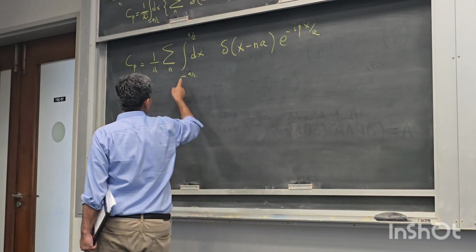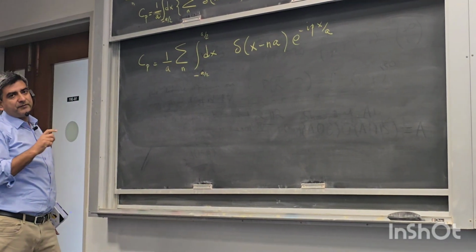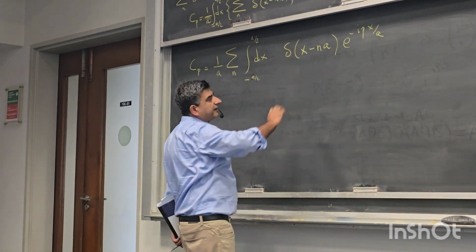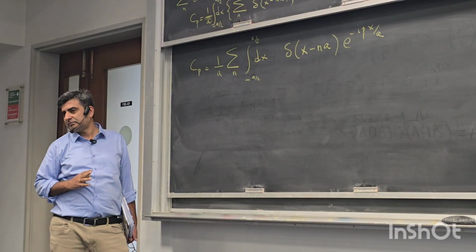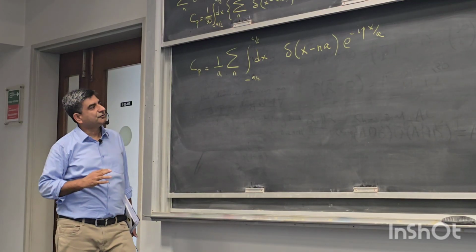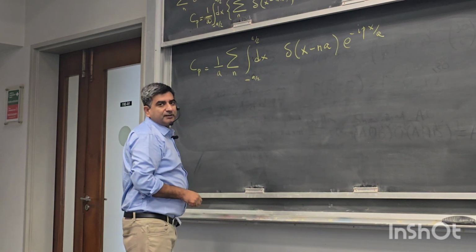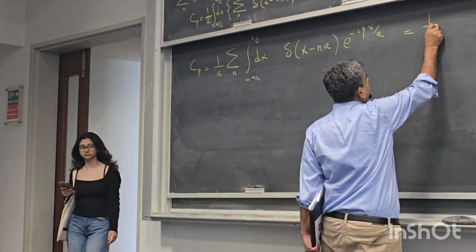Now look at the limits of this integration, minus a by 2 to plus a by 2. So the only value of x for which this integrand is non-zero is x equals 0 in this limit. So if I put x equals 0 here, this turns out to be 1. So all of this is now equal to 1 over a.